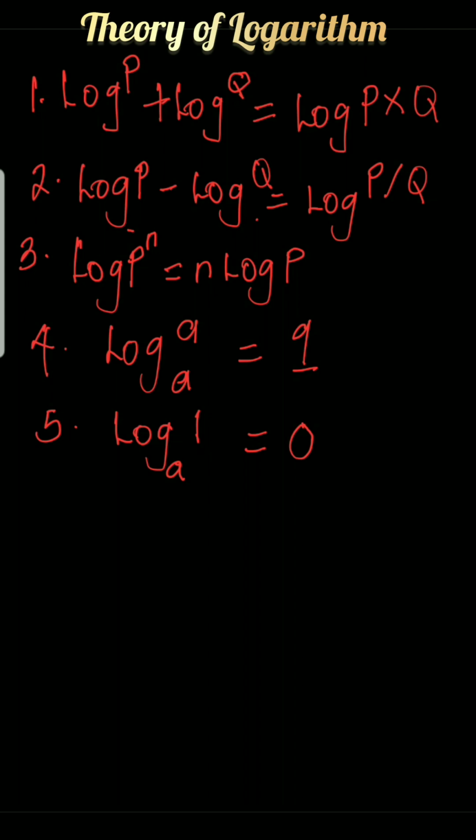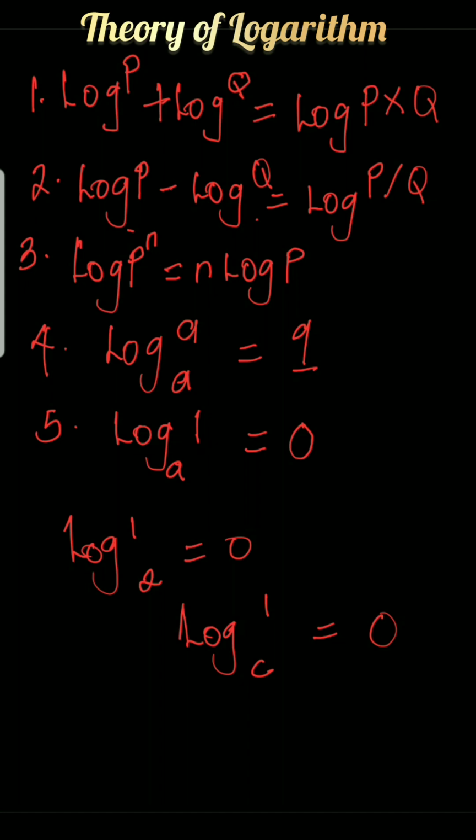The next law I want to talk about is log 1 base a equals to 0. Now what this means is the logarithm of 1 in whatsoever base gives a value of 0. Log 1 in whatever base, log 1 base 2, that's 0. Log 1 base, whatever base c, it gives you a value of 0.